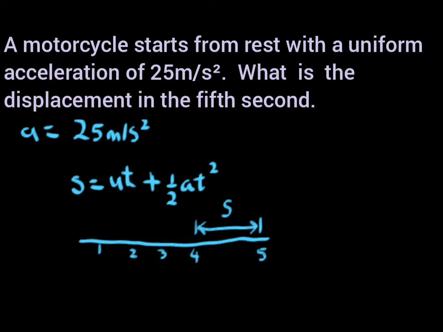Now, this means we are going to have to subtract the change in distance. We're going to have to subtract the distance covered in the fourth second from the distance covered in the fifth second, right? So let's continue solving.